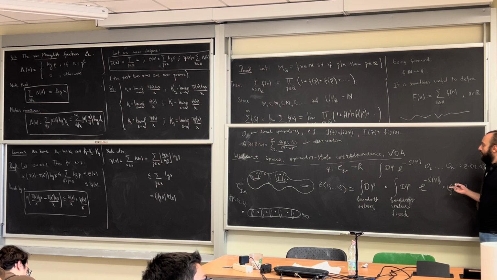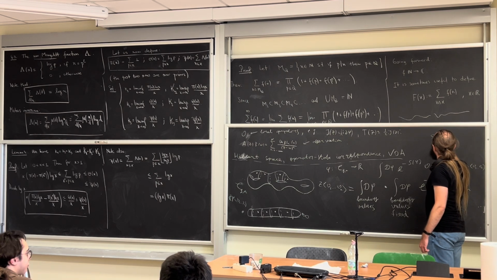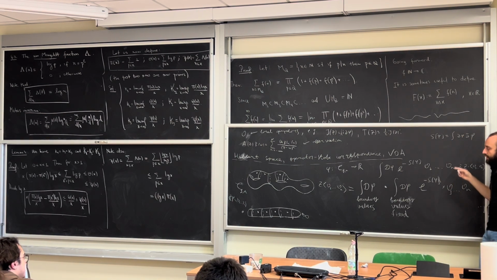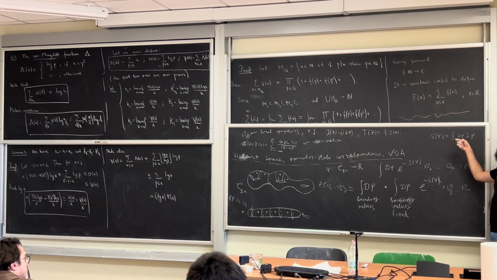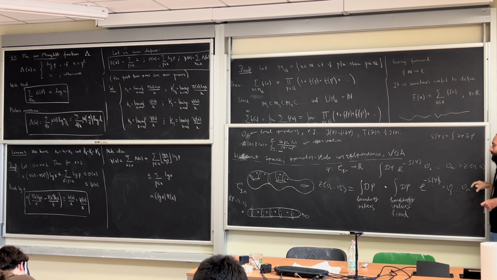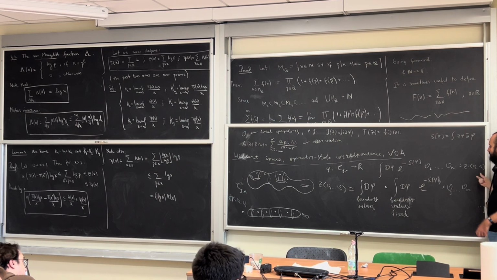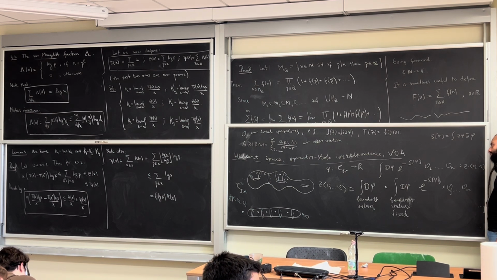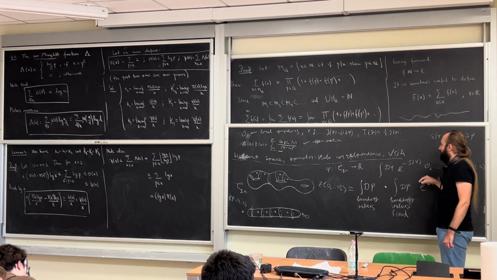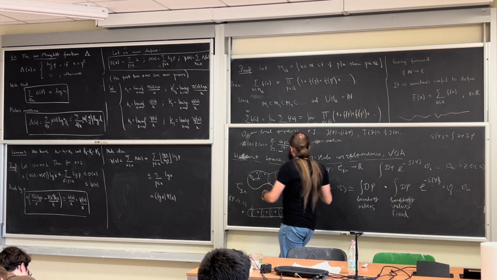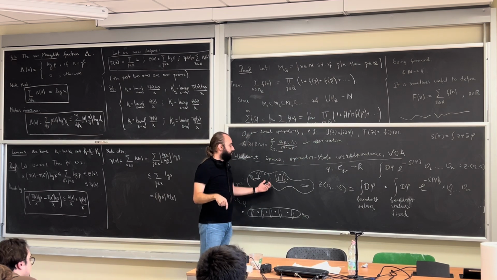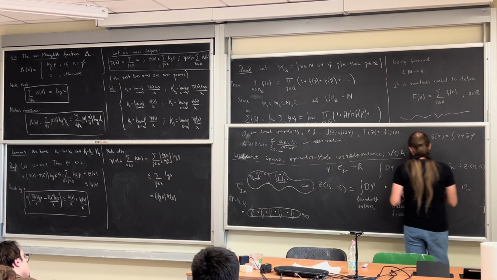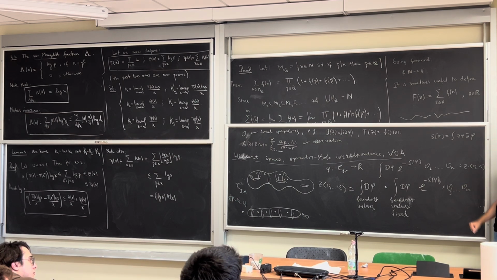And now what happens? Since our action was of this form, integral of ∂φ ∂̄φ, it was only a second order differential operator. So if you fix boundary values of some component of this Riemann surface, then the integral with these boundary values fixed does not depend on the other disconnected components.